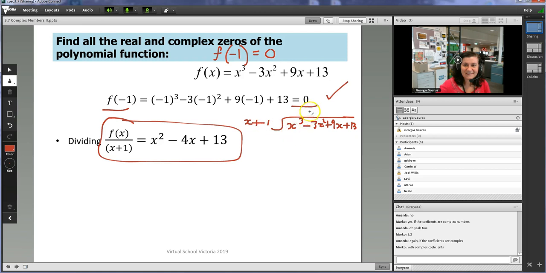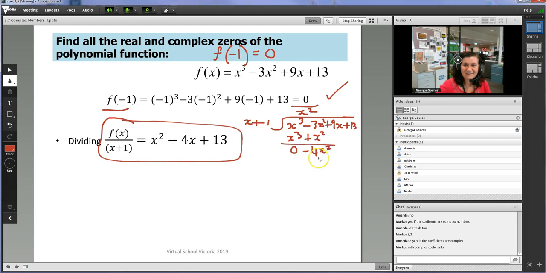x into x cubed, that goes x squared times. Then you multiply x squared by the divisor, x cubed plus x squared. Then you subtract it. So x cubed minus x cubed is 0, and -3x squared minus x squared is minus 4x squared.